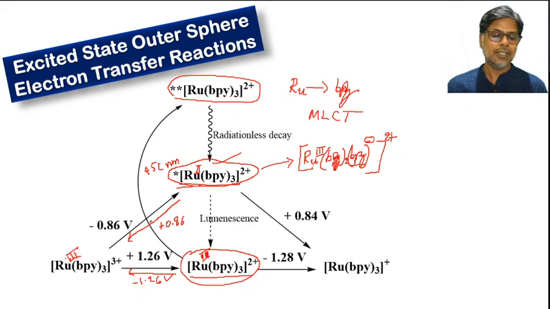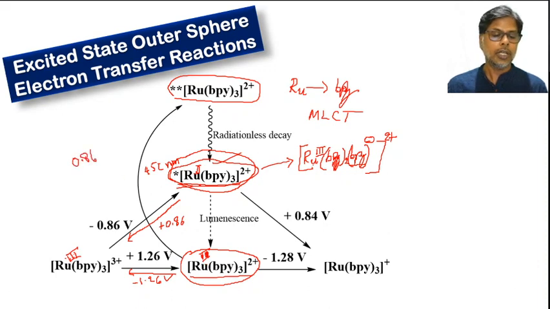So that means that this reaction is feasible, and this reaction is not feasible unless you input 1.26 volts of energy. So now you can say that the excited state ruthenium complex is a better reducing agent than the ground state complex by how many volts?